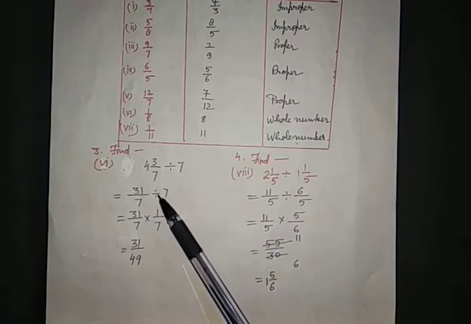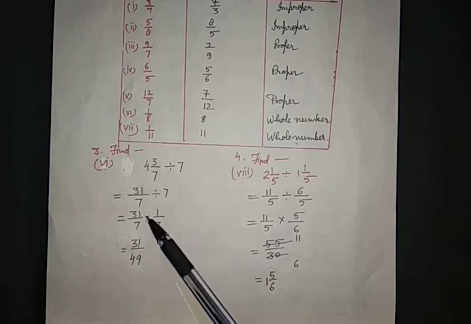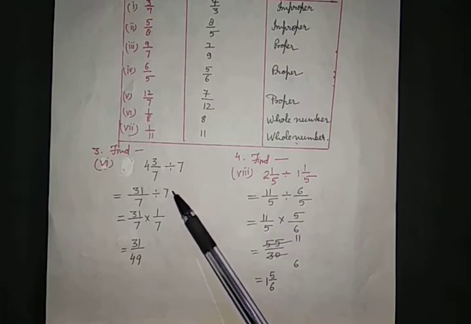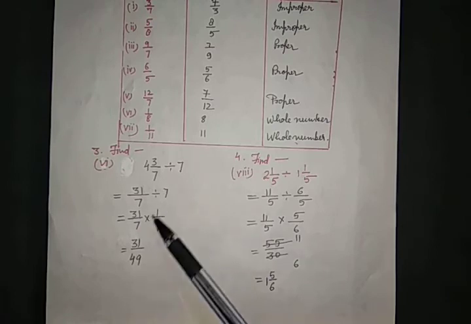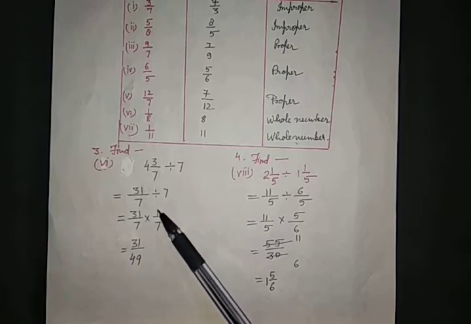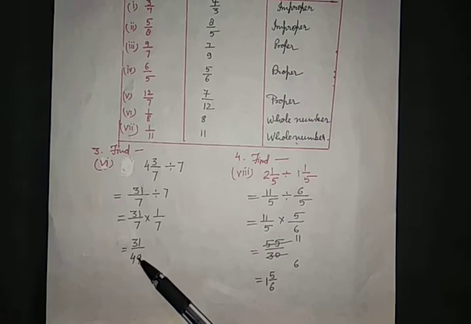Here in the previous question you divided by 7. So in the next step, in place of division you put the multiplication sign, and after this you did not write 7. What you did was write its reciprocal, 1 upon 7. And then you solved.